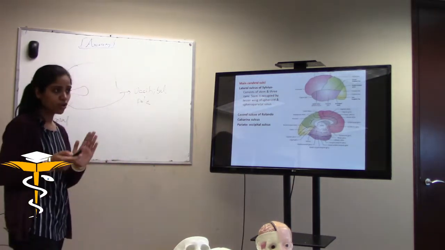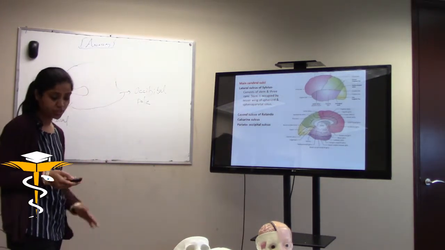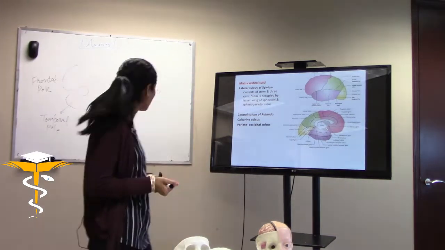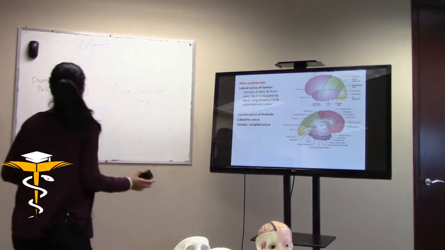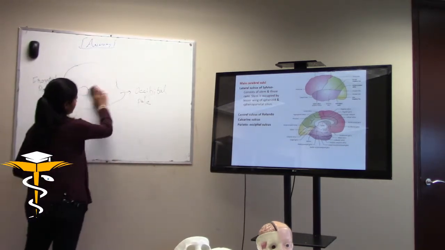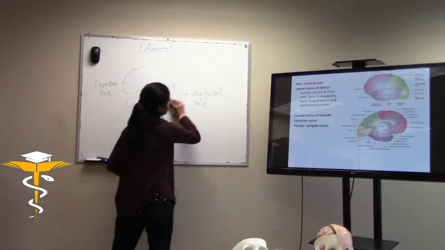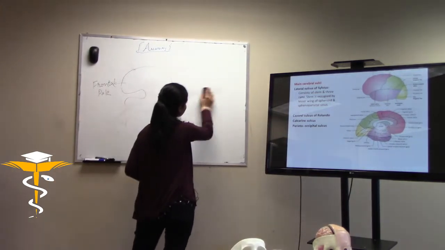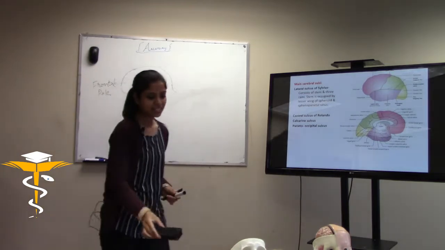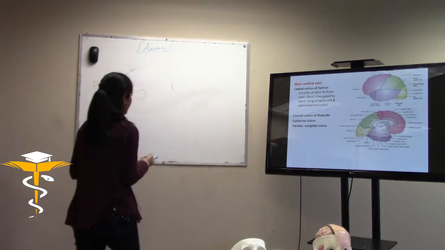Before moving on to the lobes of the cerebrum, you should be familiar with the terms sulci and gyri. What do the words sulci and gyri mean? A gyrus is basically an elevation, whereas a sulcus is a depression.